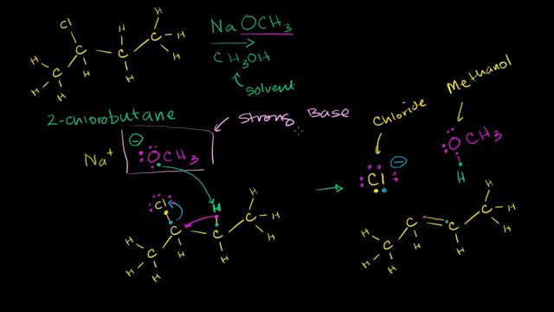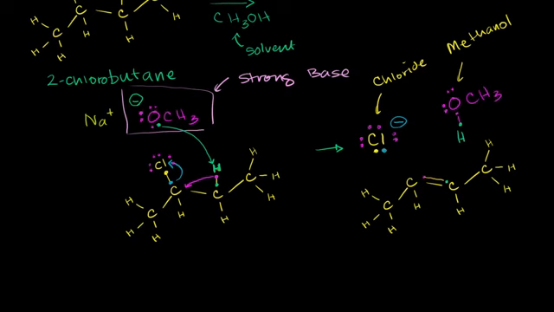So it's now mixed in. And now we're left with 1, 2, 3, 4, we still have 4 carbons. But now it's an alkene. We have a double bond. So we could call this but-2-ene, or sometimes called 2-butene.